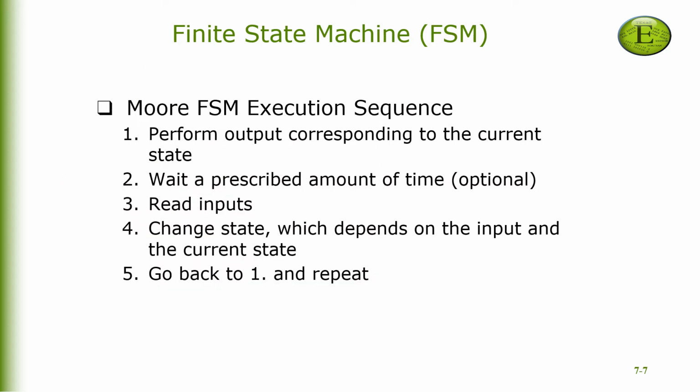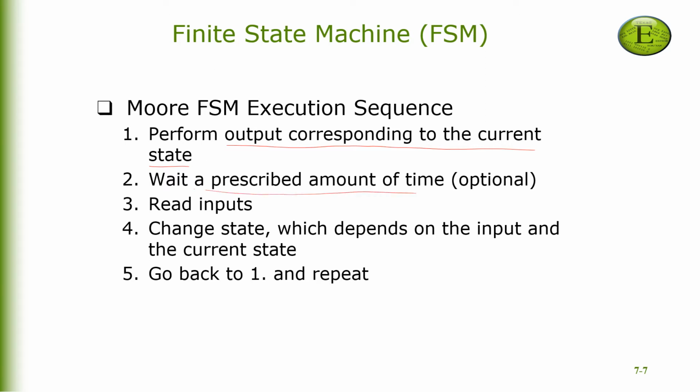For a given Moore finite state machine, there are the following steps that are required to implement the state machine. For any given state, perform the output action corresponding to that state. And once the output has been generated, we often want the microcontroller to wait for a prescribed amount of time.